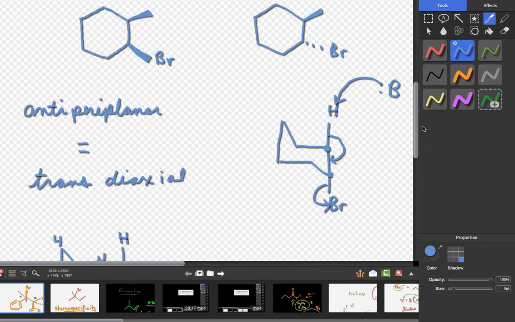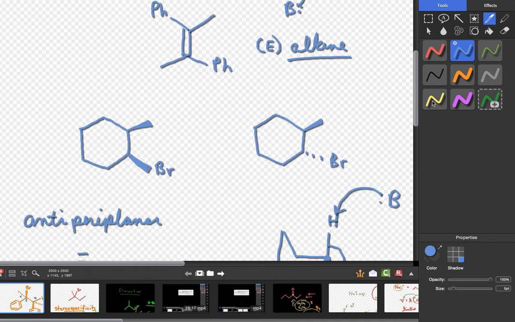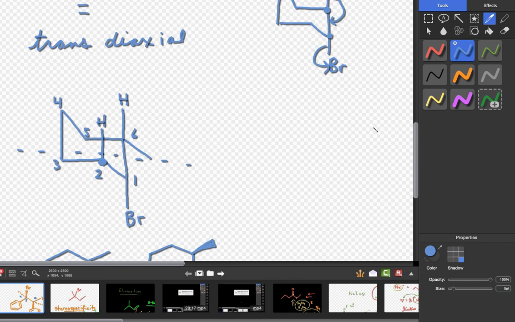Now, let's take a look at the molecule on the right. Now I need a trans relationship. Again, the Br has to be axial. But the methyl's trans, so the methyl group forces the hydrogen on carbon 6 to not adopt an anti-periplanar relationship with bromine.